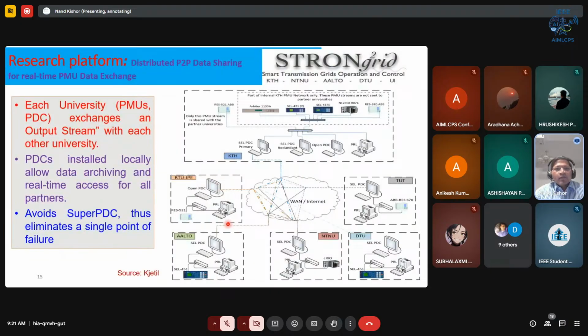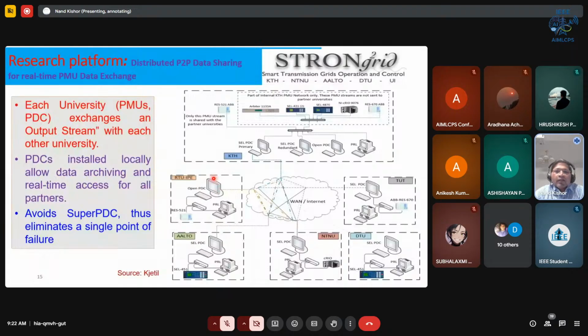And as a part of this research platform development, we were able to have data sharing for the real-time PMU data, and this refers to the complete conceptual block diagram, which was implemented at KTH University, with the installation of the PMUs.